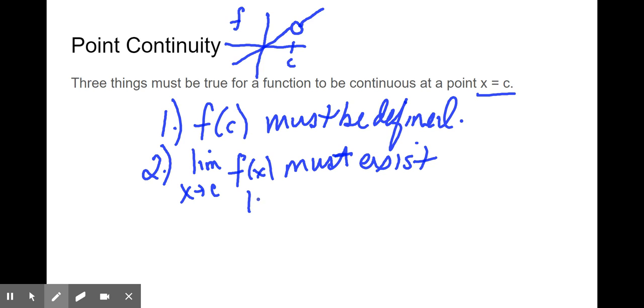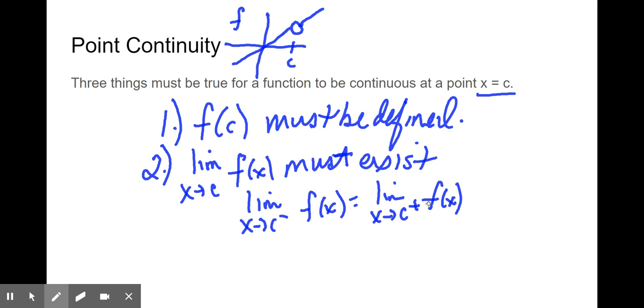It means, of course, that the limit as x goes to c from the left must equal the limit as x goes to c from the right. So you have to check and be sure. So here's a picture for number 2 where if I violate this second condition, I'll get a function that's discontinuous, okay, at x equals c.